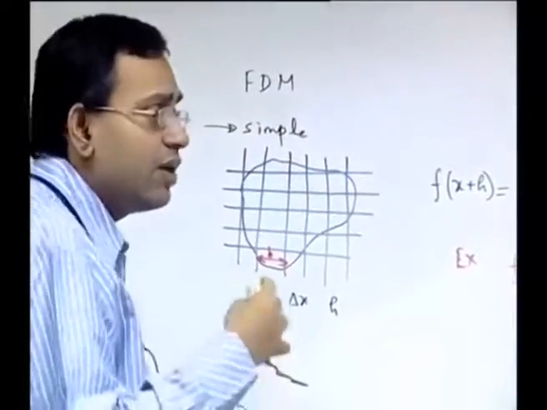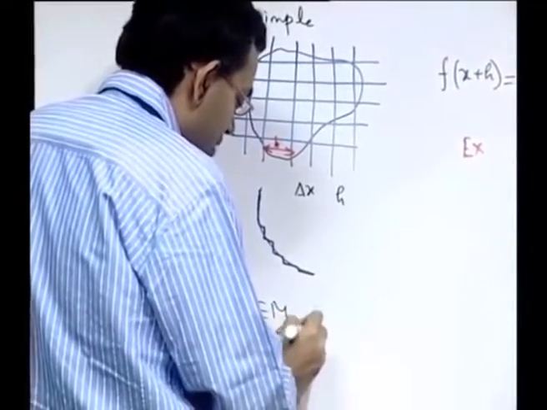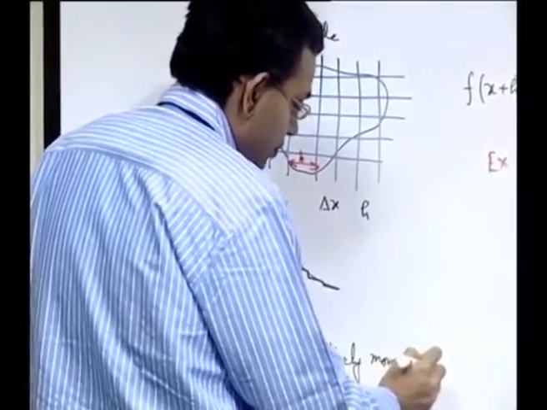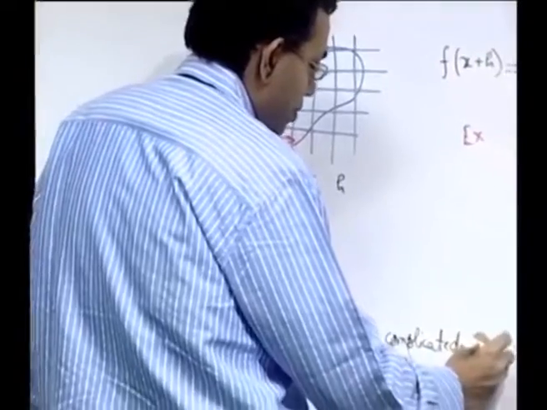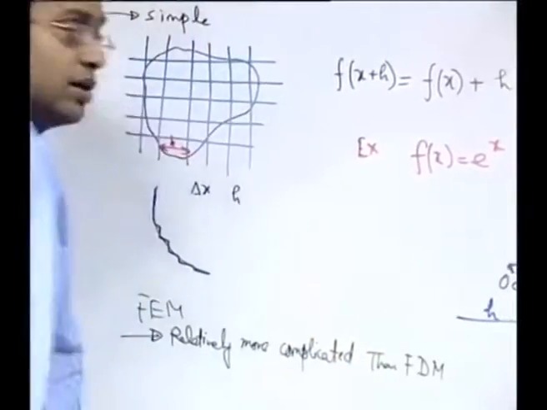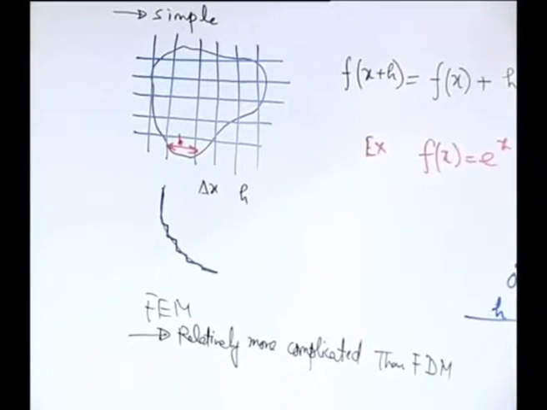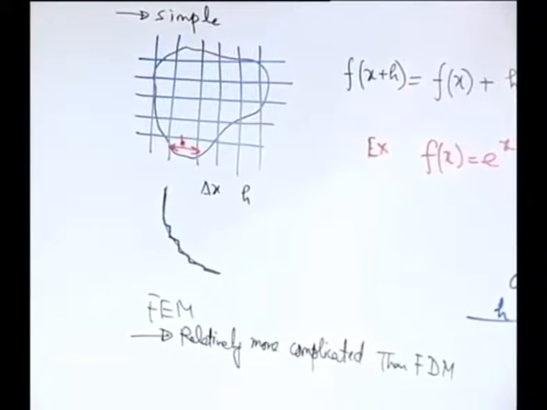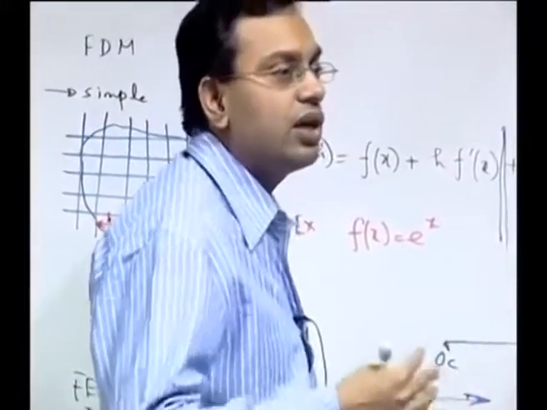It is not that it is complicated, but at least relatively more complicated than finite difference. But it is strongly based in a mathematical sense, because it evolves from a general principle of error minimization. So it has a strong mathematical basis, but physically it is not intuitive what it is talking about.